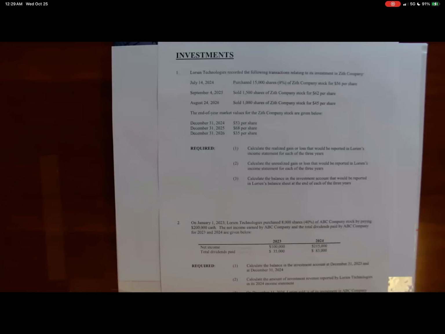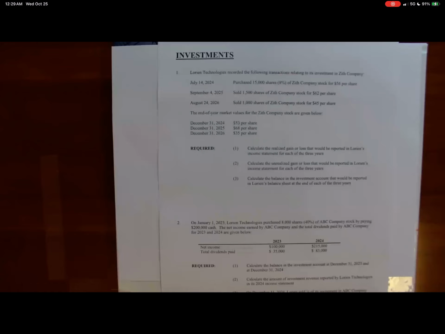And the accounting is going to depend on what percentage ownership we have in this other company. And the way GAAP is set up, the way FASB set the guideline, 20% is the cutoff.